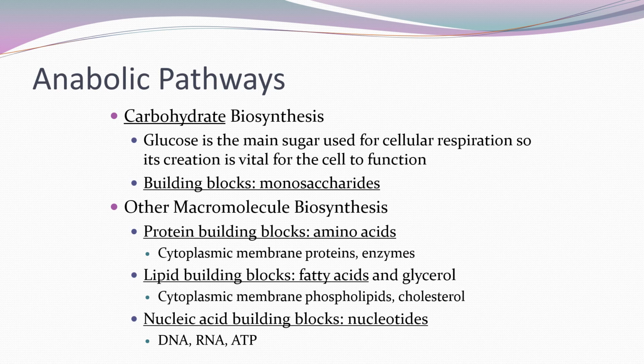So remember that for proteins, it's amino acids. That is what builds a protein. The lipids are going to be fatty acids and glycerol, where nucleic acids are going to be made up of nucleotides.